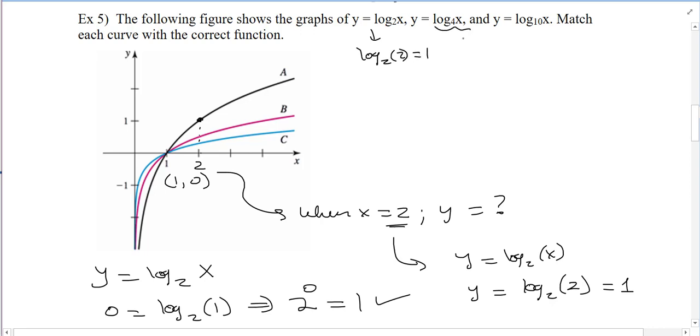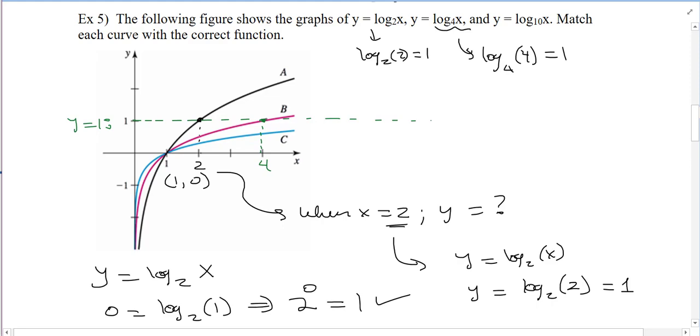What about for log base 4 of x? When am I going to get 1? I know log base 4 of 4 is going to give me the y value of 1. So one way I can think about this example is, here's y equals 1. If I extend this line all the way, notice that I hit the pink graph at 1, 2, 3, 4, which makes sense with this. Log base 4 of 4 is 1.